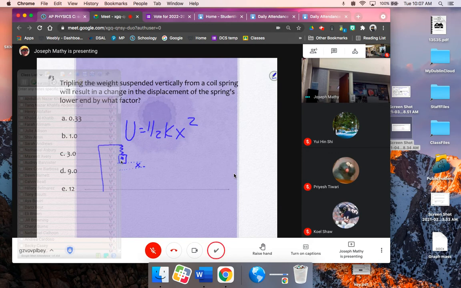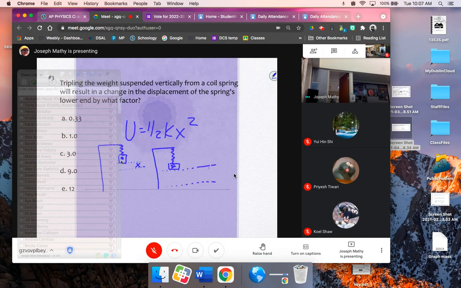It then wants to know, in the next scenario, if we are to go with 3m, we know it's going to stretch by some factor.